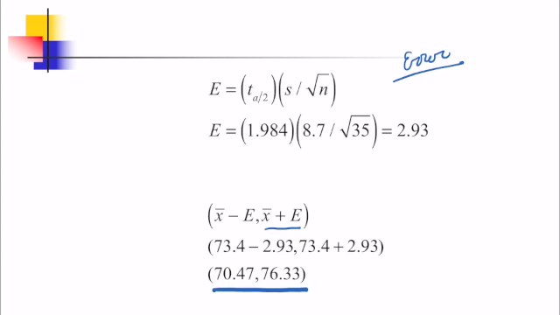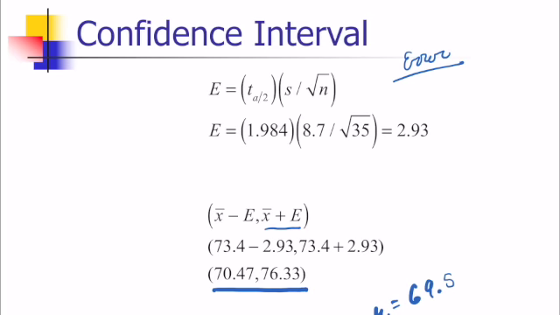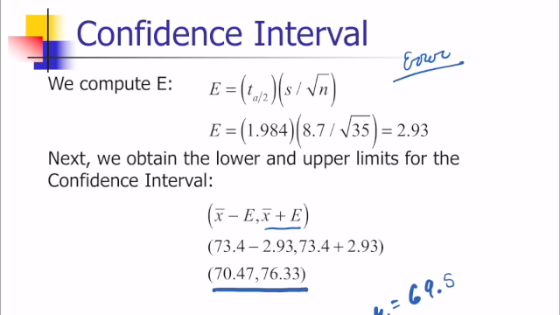Now, remember our mean of the men population is 69.5. Well, because we assume the population mean of 69.5 is not in this confidence interval, right? 69.5 is not in this range of numbers, we reject our H naught.